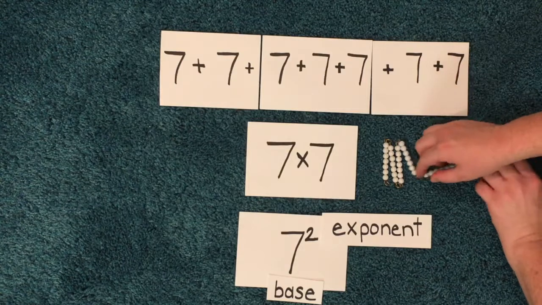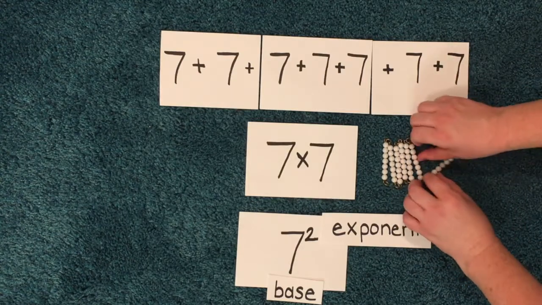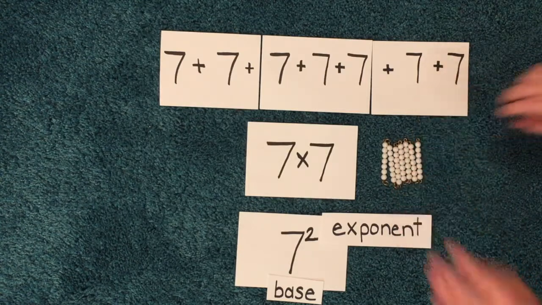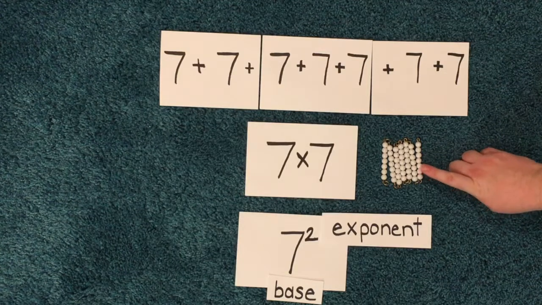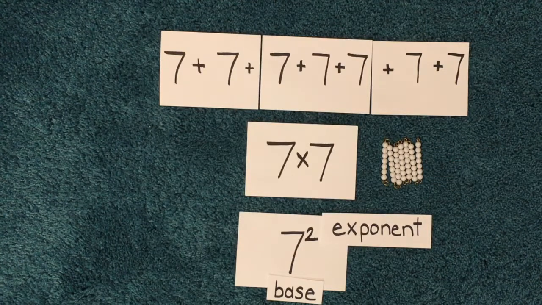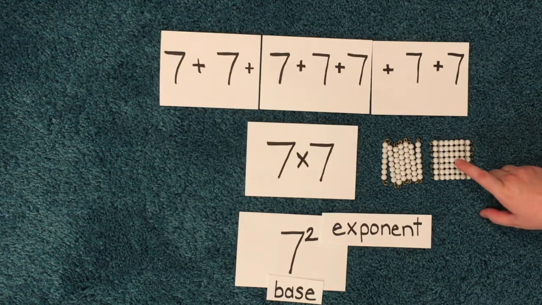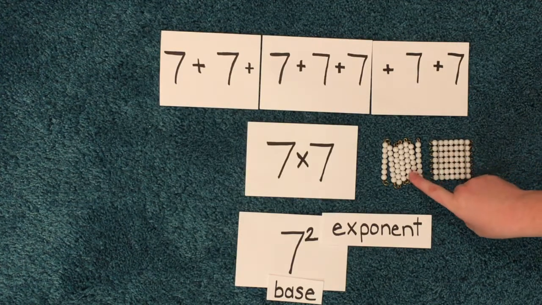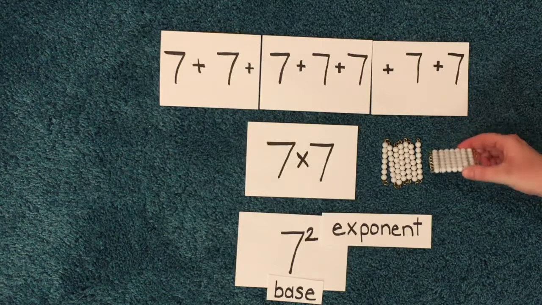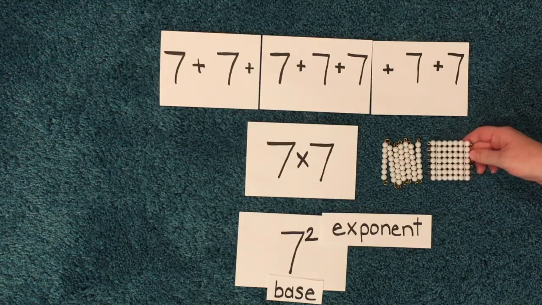If we move it like this, let's see what happens. Does this look like anything familiar? It looks like a square. The same number of beads that are in here are also in here. This has just been bound together in such a way that we can clearly see it is a square.